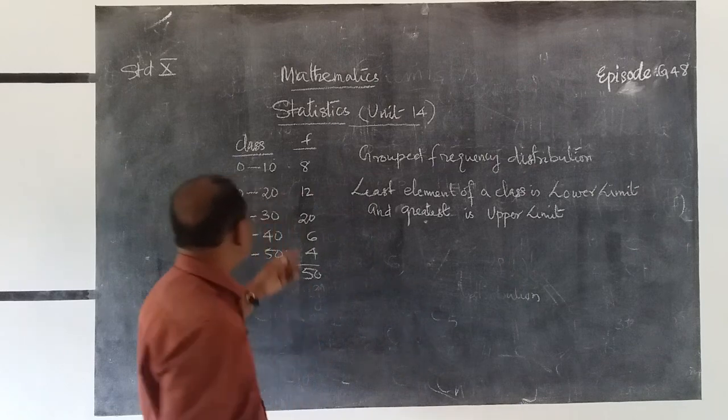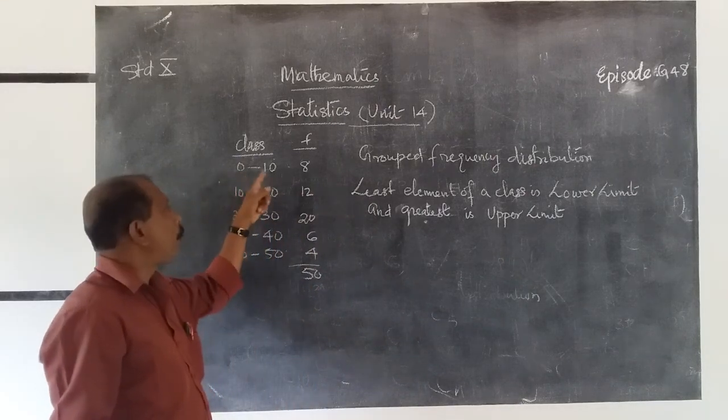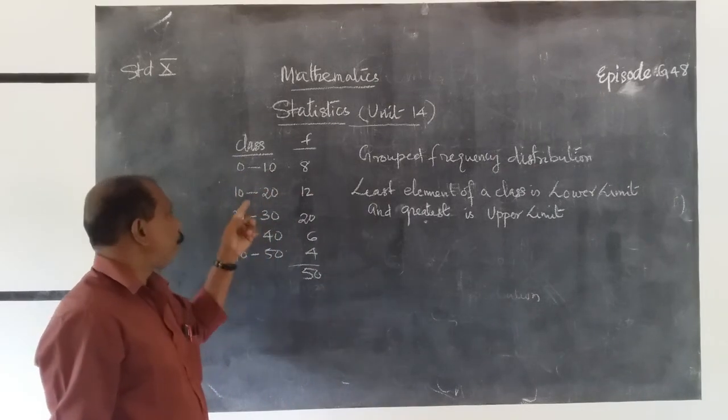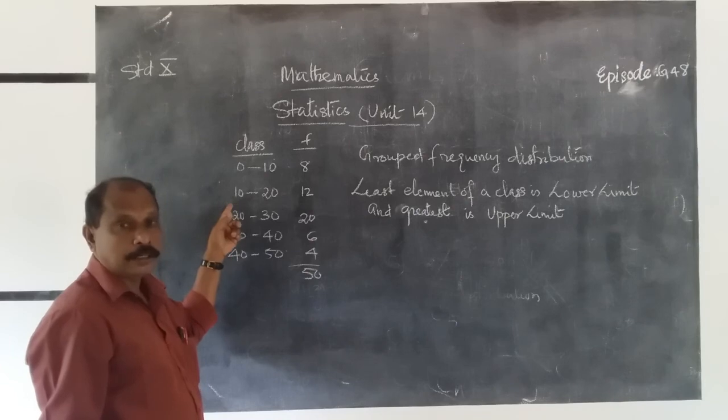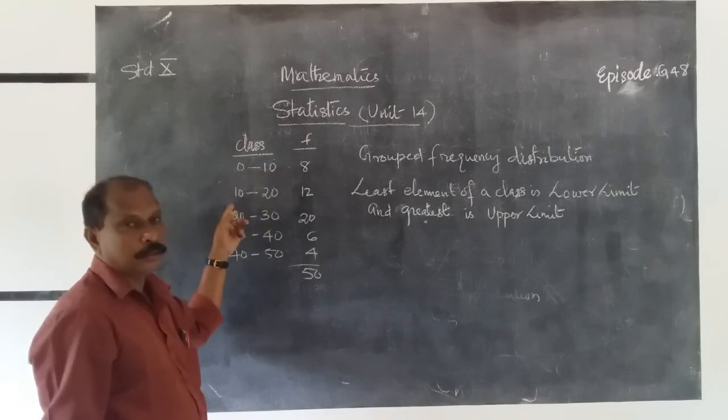Therefore, for the first class, the lower limit is 0 and the upper limit is 10. For the second class, the lower limit is 10 and the upper limit is 20.